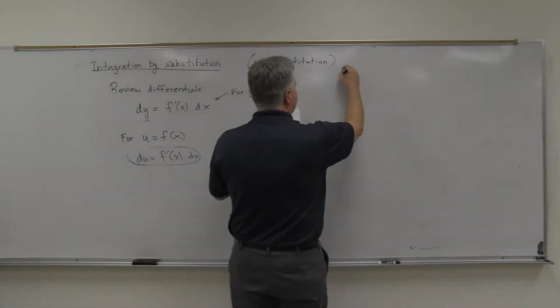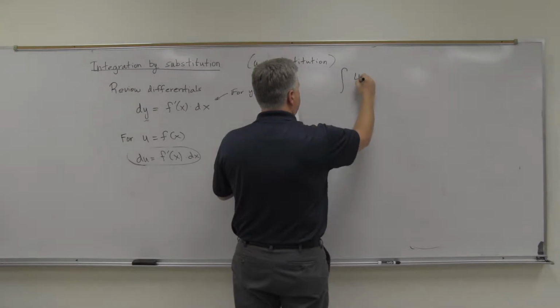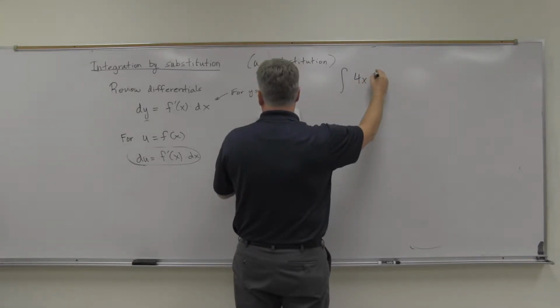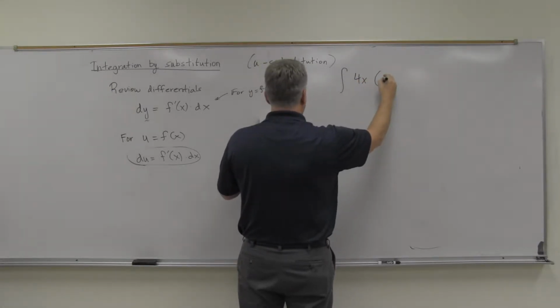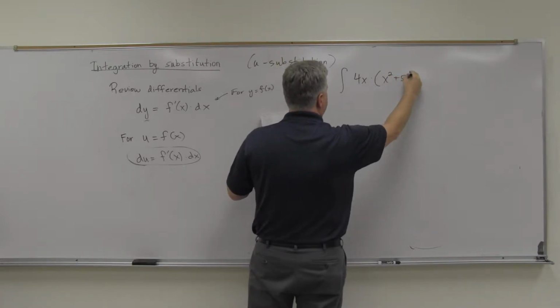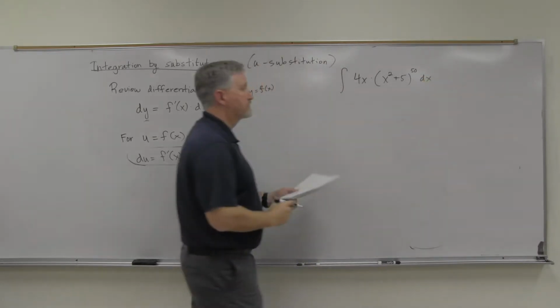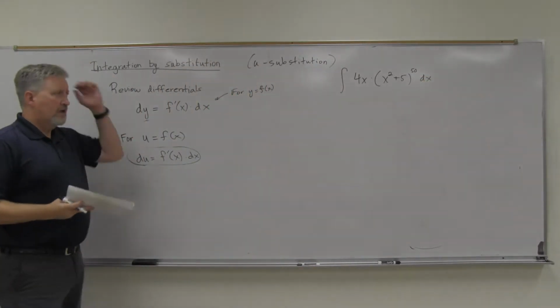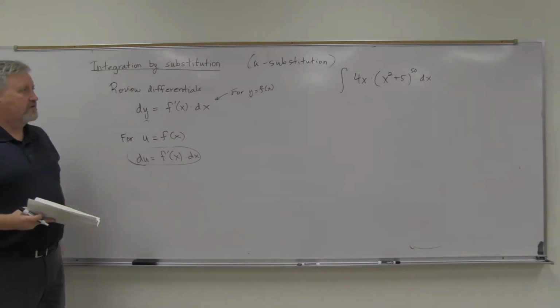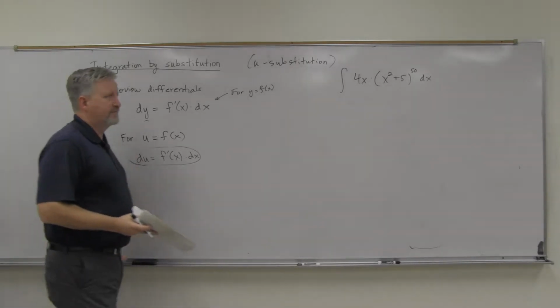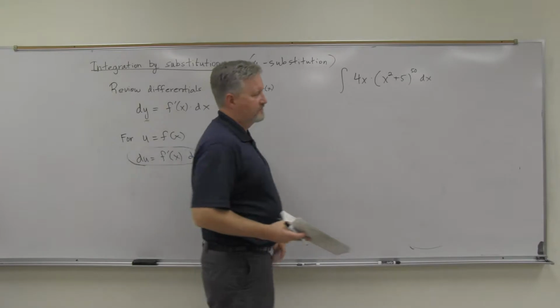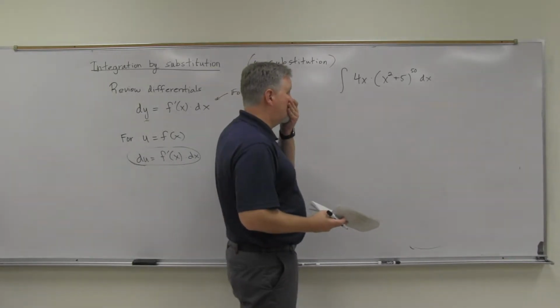But it's useful. Take a look at this one. So you have the integral of 4x times (x squared plus 5) to the 50th power dx. Okay, so we've talked about maybe sort of something like this.